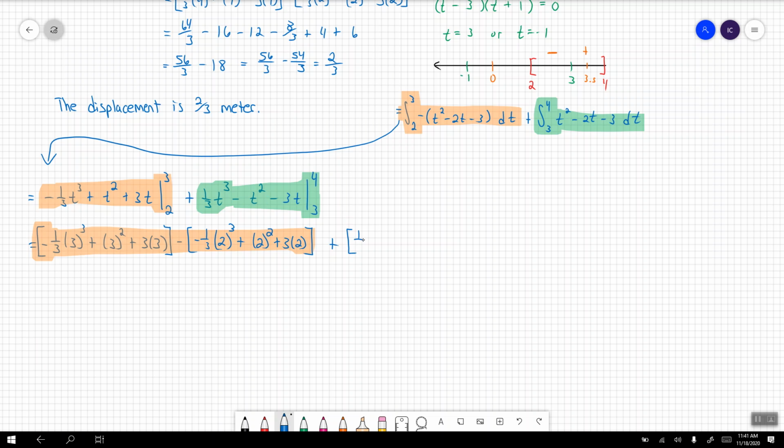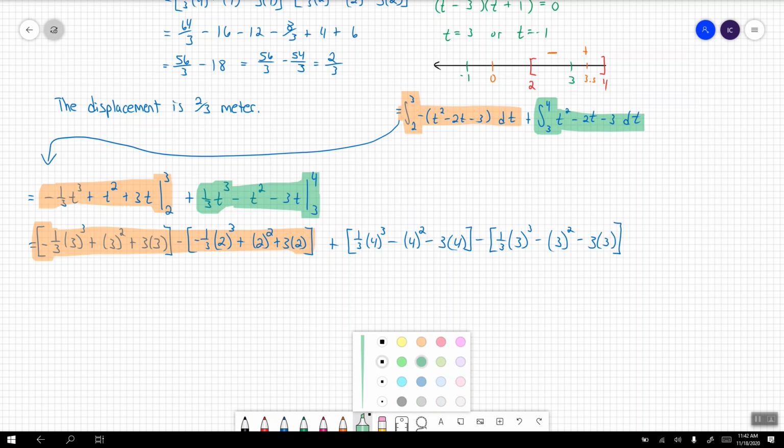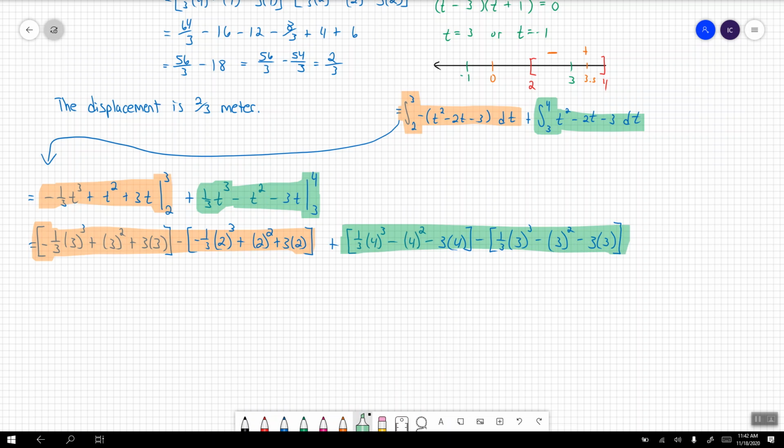So here we get 1/3 multiplied by 4 cubed, minus 4 squared, minus 3 times 4, minus 1/3 multiplied by 3 cubed, minus 3 squared, minus 3 times 3. And again, this one was that second function.